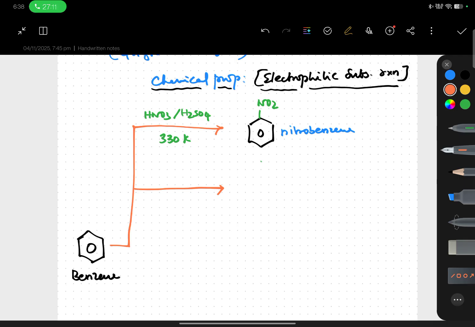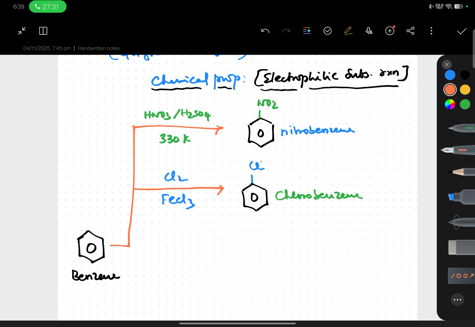Similarly, if you allow it to react with chlorine in presence of FeCl3, you'll have benzene ring with a chloro group here. This is called chlorobenzene.